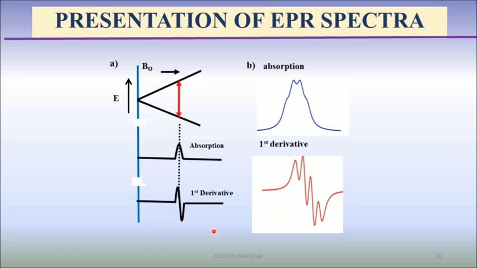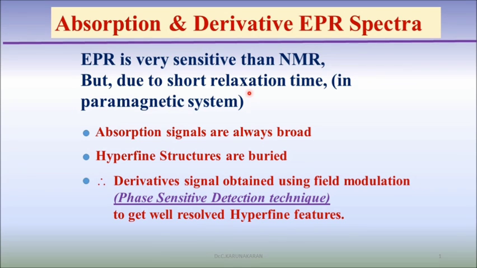So in EPR, the signal is always presented as a first derivative. When you take the first derivative of this absorption signal, the hyperfine splitting signals are well resolved. What are absorption and derivative EPR spectra, and why are derivative EPR spectra important?